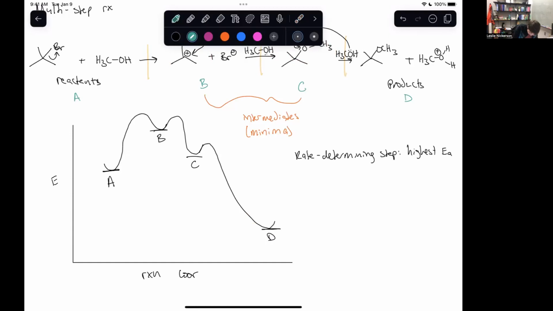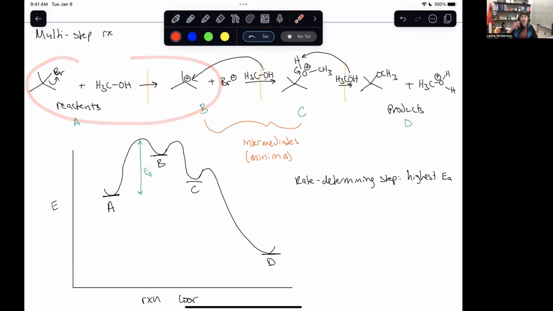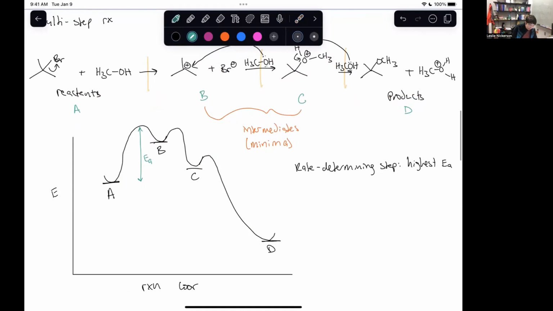So we're looking at this as being our highest energy of activation, and these others are little bitty ones. This is by far the largest energy of activation as we go from A to B, because this is the biggest change in overall stability that we're seeing. This is the hardest part, and all of this is kind of a downhill journey in energy. Okay, so that's our energy of activation. That is also our rate determining step.